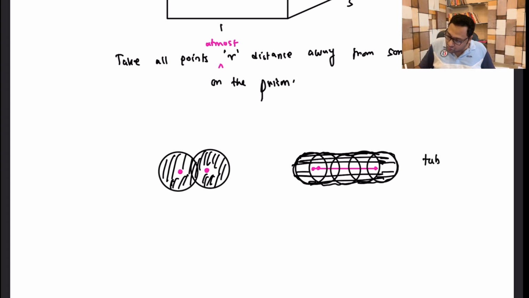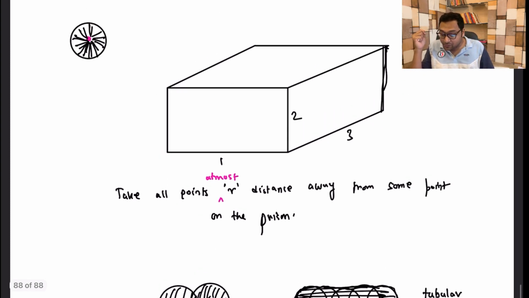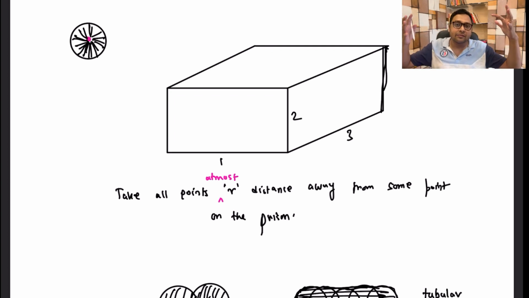The tubular neighborhood. Now we did this for a single segment, a one-dimensional strip. Now you could do this for this prism as well. It's a three-dimensional object. So what you do is at every point you put in a sphere because you're working in three-dimensional space.